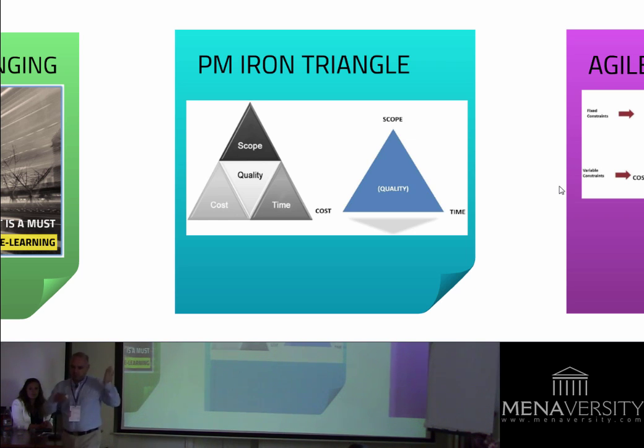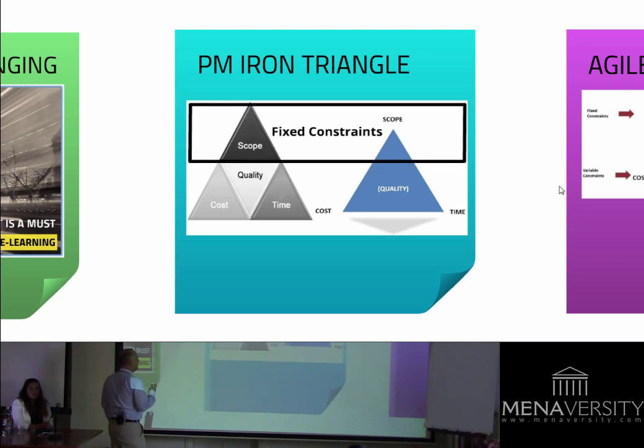Actually, you have to pick three in this case because we have quality added. Usually it used to be cost, scope, and time, pick two, and then they added the quality because, as we go, we find out that the quality is extremely important. So we added the quality, but now in order to have high quality, you have to pick three.